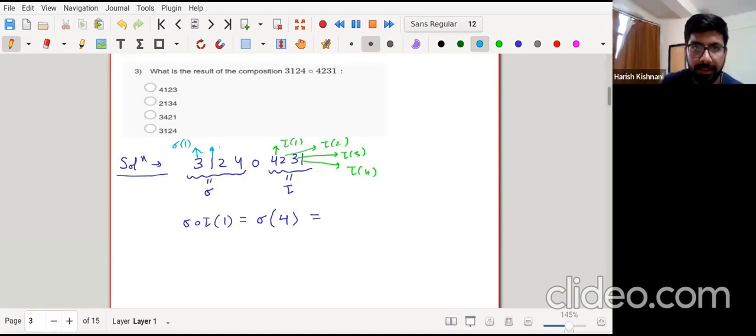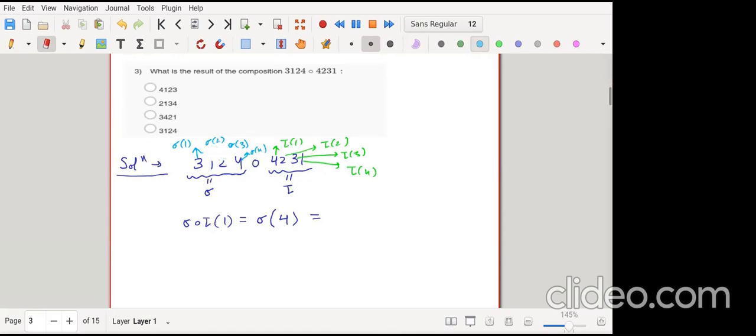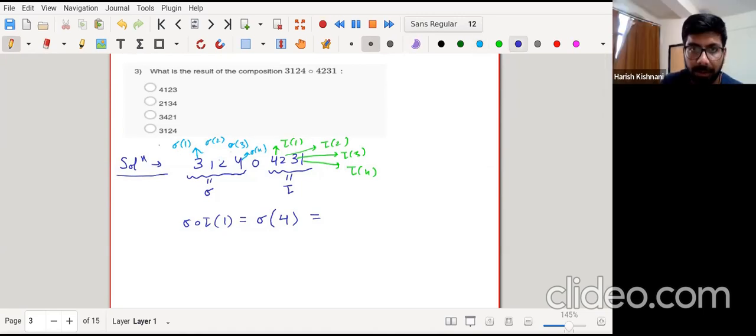Now can you guess which option is correct? Just from this information, I think you can guess the option. Yes, anyone? Everything is written. First option. Yeah, first option, because all other options have some different symbols at the first place.